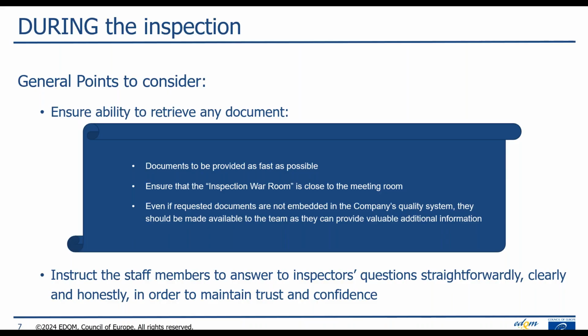The team tries its best to compensate for this short time frame by splitting up as much as possible, but nevertheless we have to get support from the firm, which means documents have to be provided as fast as possible, which means that the war room should be close to the meeting room and not on the other end of the facility, which would cause a delay in bringing over documents we need to see. It is also mainly clear what kind of documents we are going to see. So the vast majority of quality documents are anyway expected to be ready and, let's say, next door.